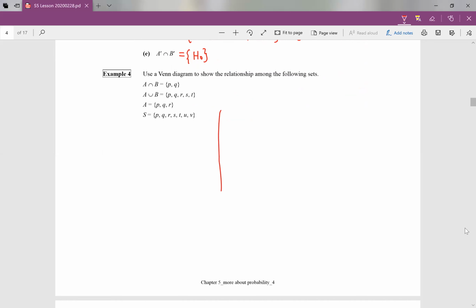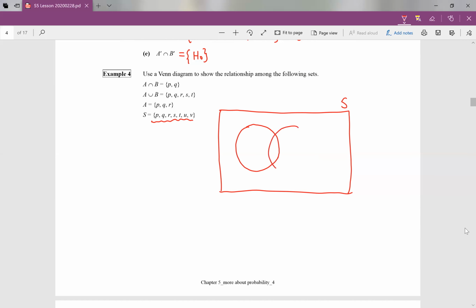Let's try. First, use a large rectangle to represent S. All the elements are there, but I don't know where to put them, so I will draw the circle A first. And circle B. The intersection should be written here.